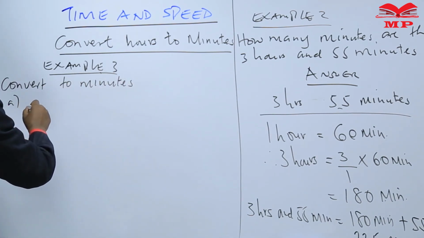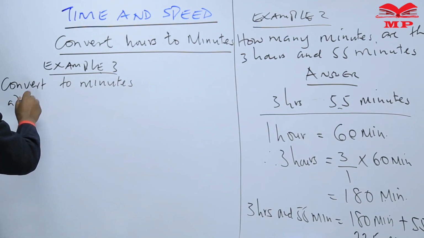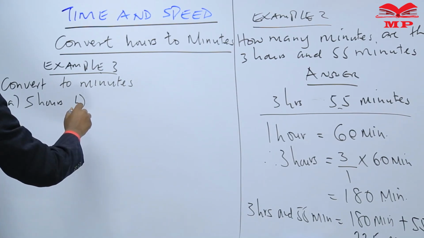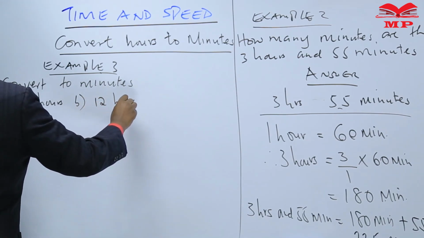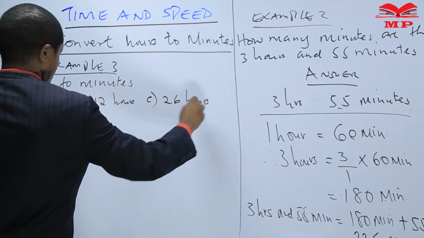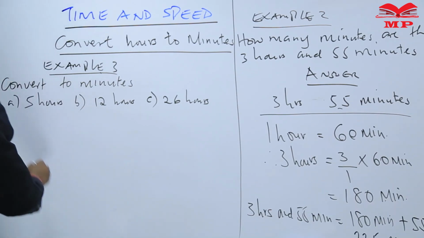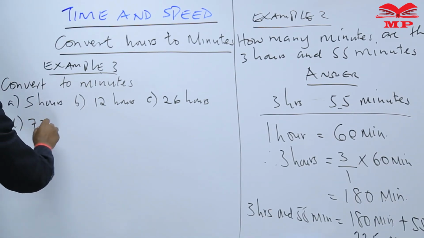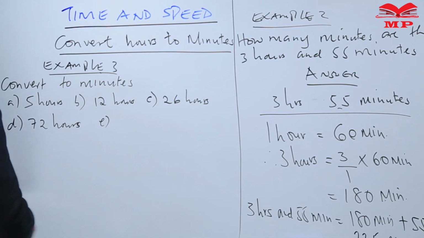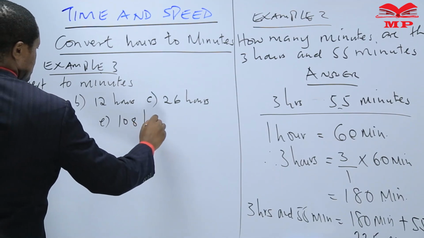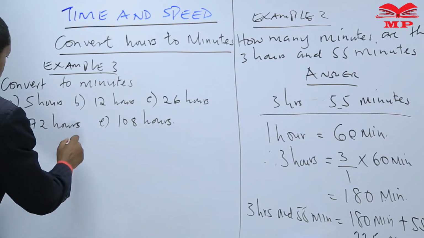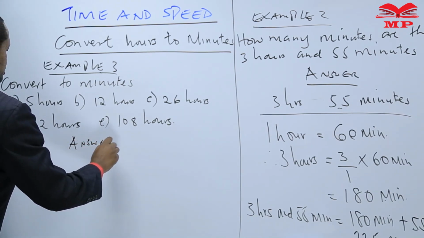A, 5 hours. B, 12 hours. C, 26 hours. D, 72 hours. Then E, 108 hours.